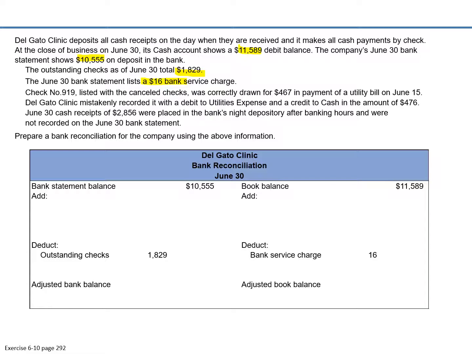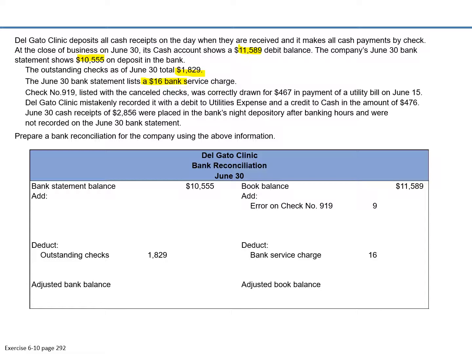Delgado mistakenly recorded it as a debit to utilities expense and a credit to cash in the amount of $476. So on the book side, we recorded too much expense and too great of a reduction in cash, so we need to add $9 back.